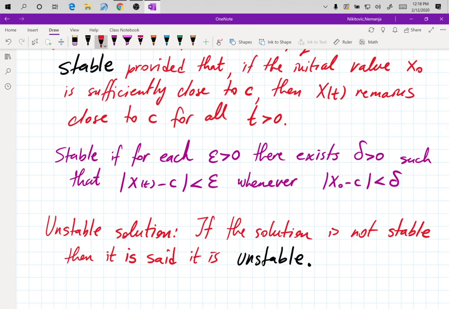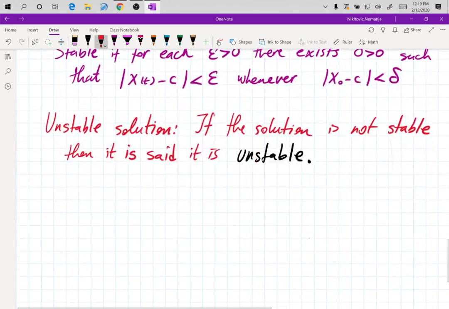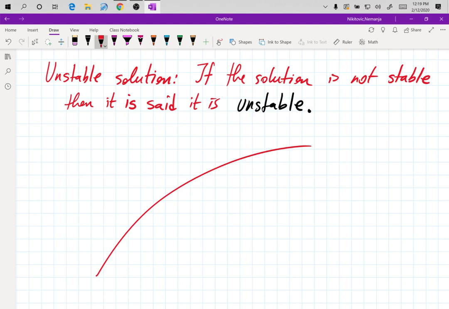So when you pick an epsilon, you have to find a delta that would work, and then we're good, right? But if you're not able to find it, it's going to be outside the borders, and then there is no limit.